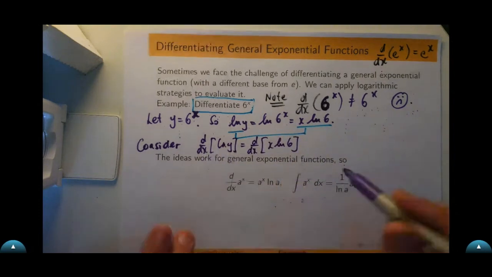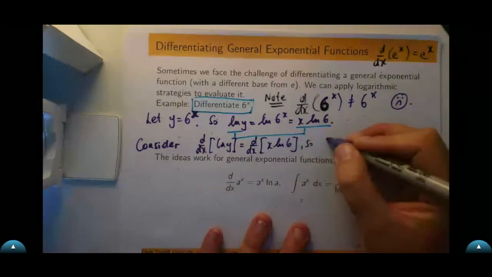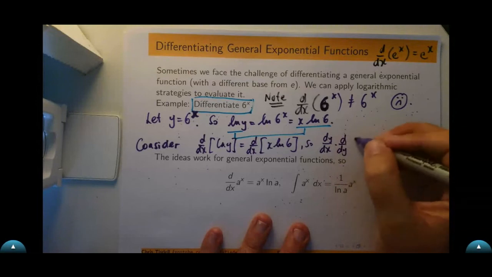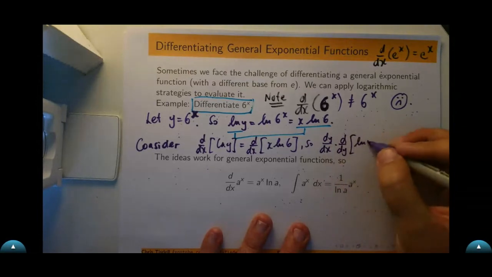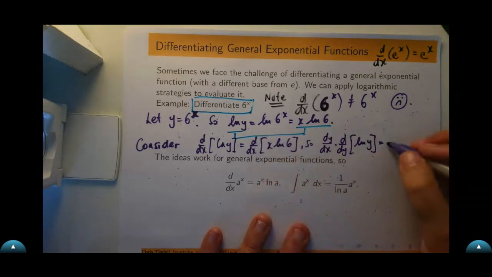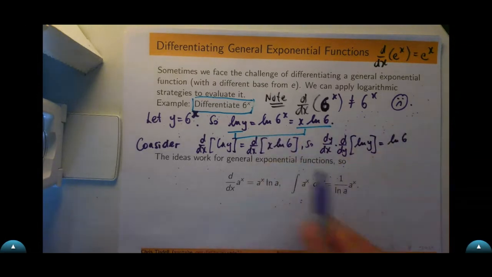So over here, I'm going to use the chain rule. What is the derivative of this? Natural log of 6, because the x disappears.